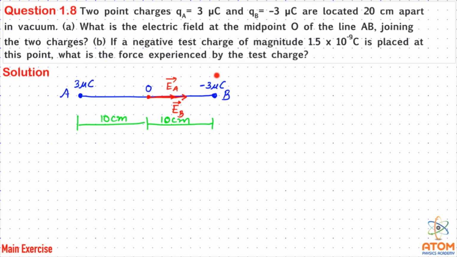Both the charges are same in magnitude. Both are having same distance. That's why the electric field EA and EB will be same only. I am showing two different vectors of different length just so that it doesn't overlap and I can show it. But otherwise they both will be of same magnitude only.